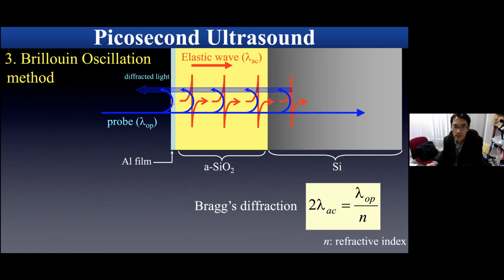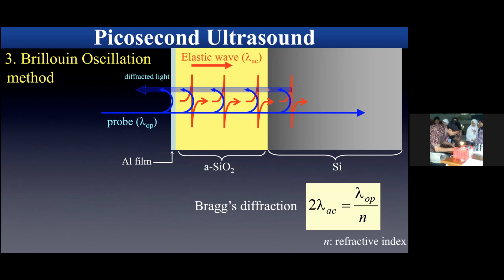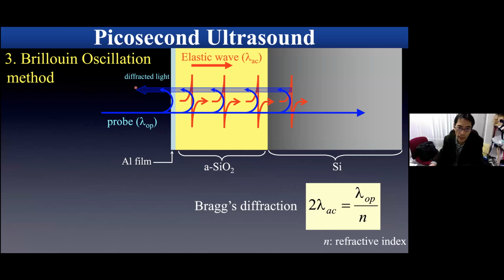Then the interference occurs between the probe light pulse reflected at the surface and the diffracted light. Because the ultrasound wave propagates along the thickness direction, the phase of the diffracted light changes.